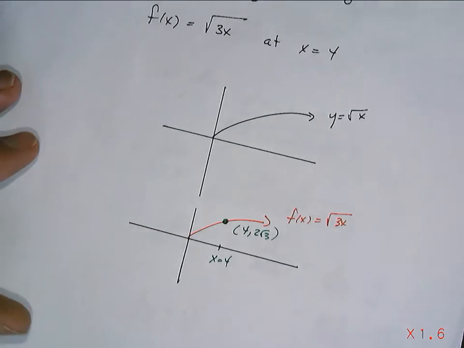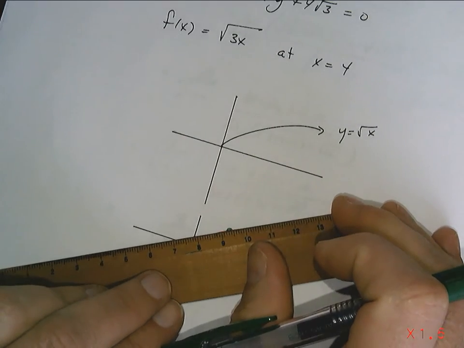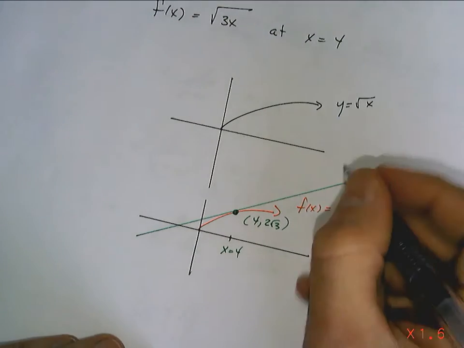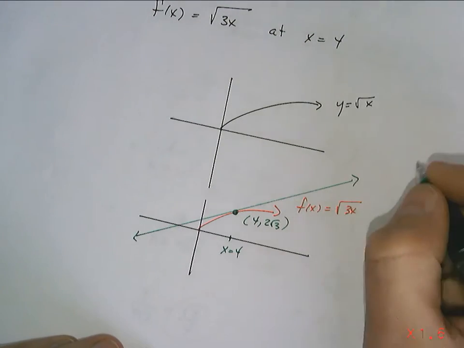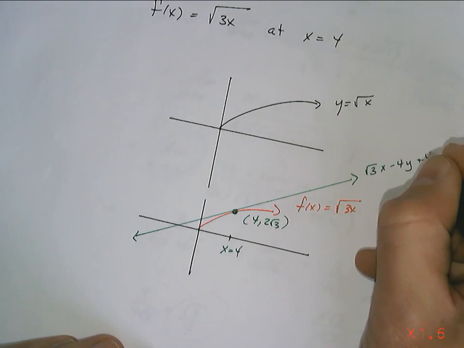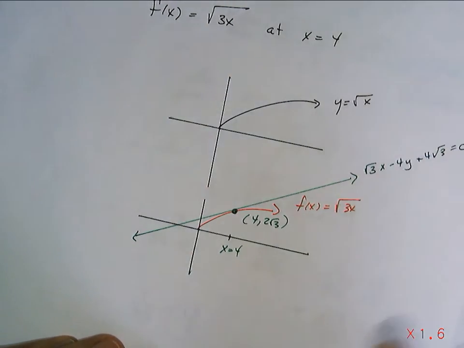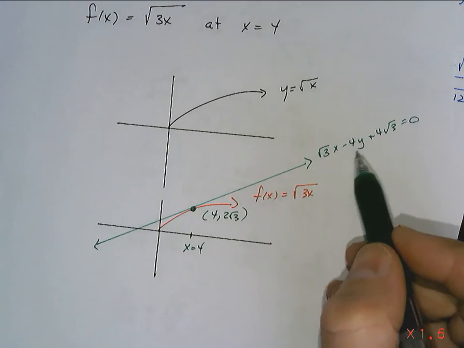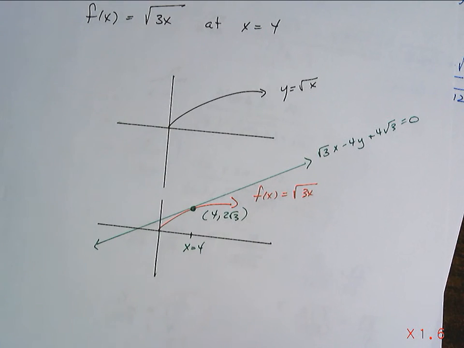And what we've determined is the equation of the tangent at that point is root 3x minus 4y plus 4 root 3 equals 0. And that's what your answers are going to look like from now on. They're going to be awesome looking things like that, with the radicals. And you can't get rid of the radical. You need the radical part. Okay, that's the answer to that question. I'm going to stop and we'll be right back.